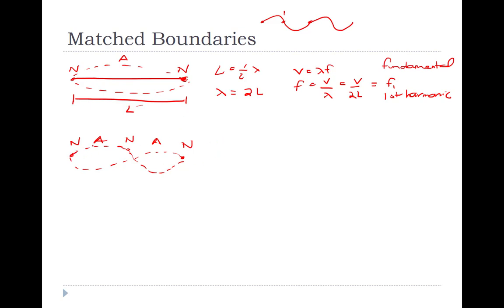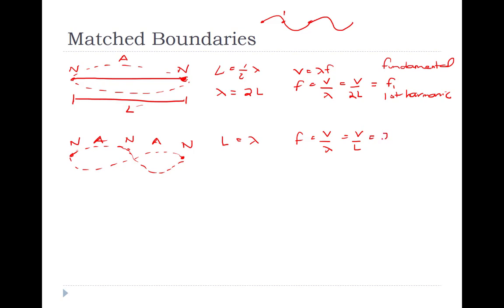So again, following the top one, I start at equilibrium, I go through the equilibrium position and come back. So comparing to my wave, I start at equilibrium, go through it and come back. In this case, the length of the string is equivalent to the wavelength of the oscillation. And if I use the frequency is the speed over the wavelength again, that's v over L. And if I compare this one to that one, we see that this one's twice as big.